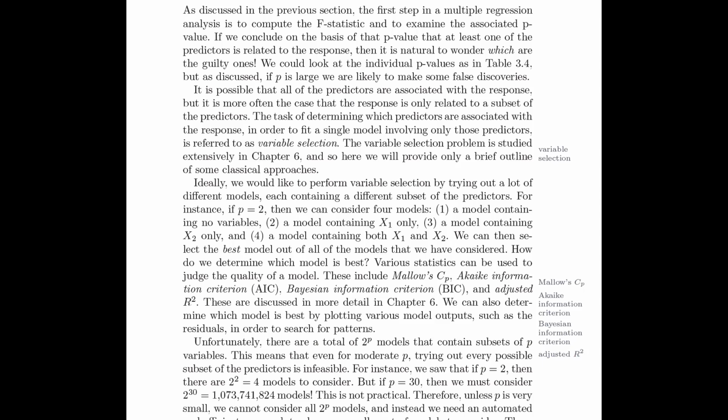For instance, if p is 2, then we can consider 4 models: a model containing no variables, a model containing x1 only, a model containing x2 only, a model containing both x1 and x2. And the thing is, this grows exponentially large very quickly.